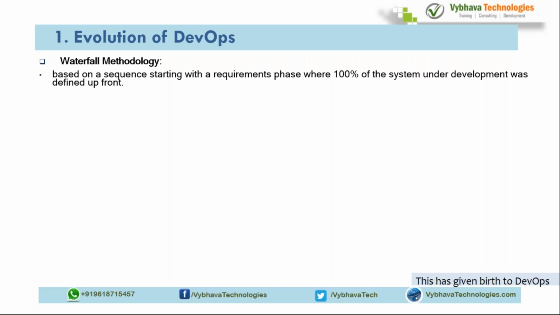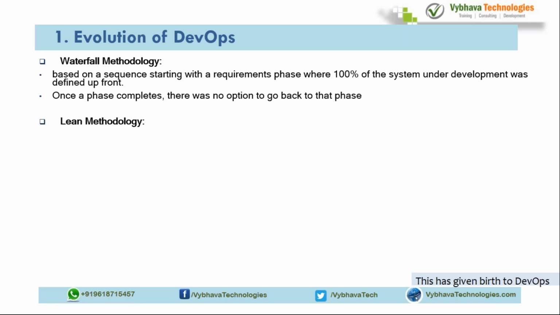It is completely planned and everything is done phase after phase. One phase completes, then another phase is entered. So it takes a longer time, and there was no option to go back to a previous phase. That is a disadvantage of the waterfall model.